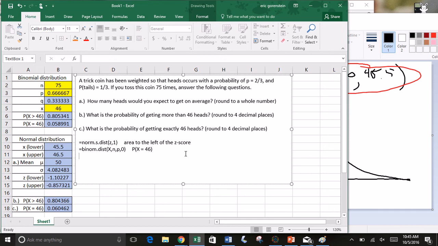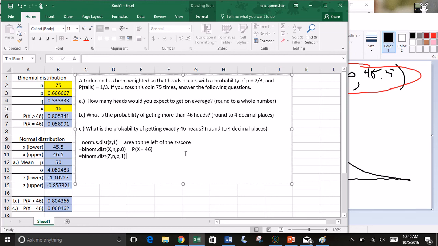And for the x greater than 46, I used the function binom.dist, and inputs were x, n, p, and here I used 1 for the cumulative function.